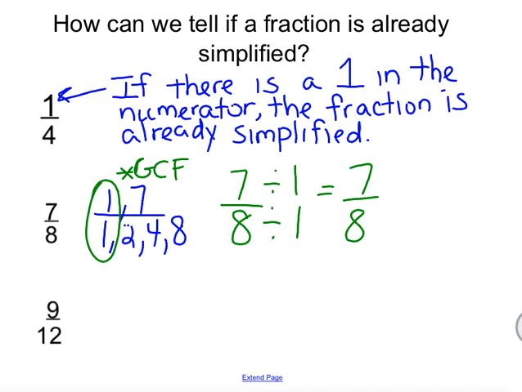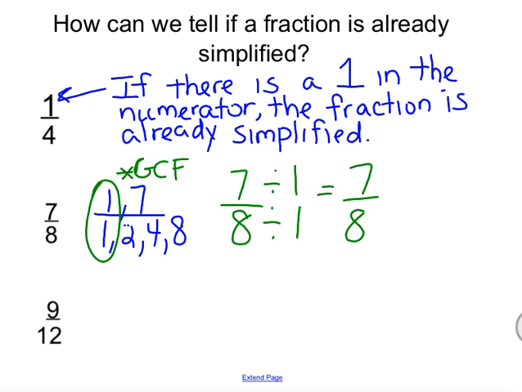Okay? So let's look at 9/12. And some of us say, that is simplified, and some of us will say, no, that's not simplified. All right, so a way to figure it out is if I find the factors of 9 and I find all the factors of 12, and if the only factor they have in common is the number 1, then it's already simplified.